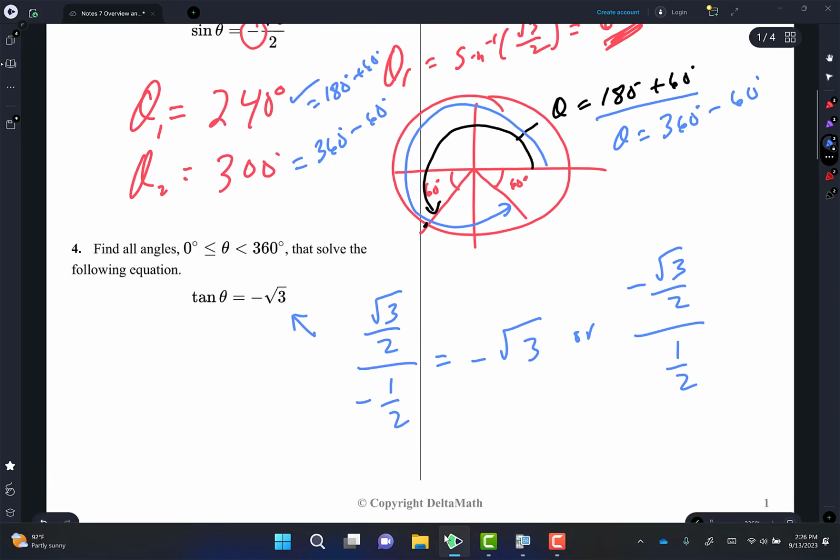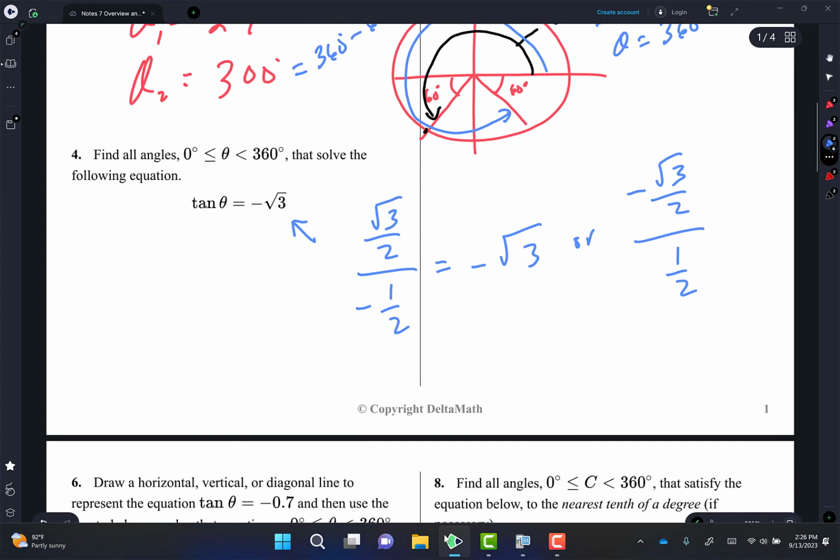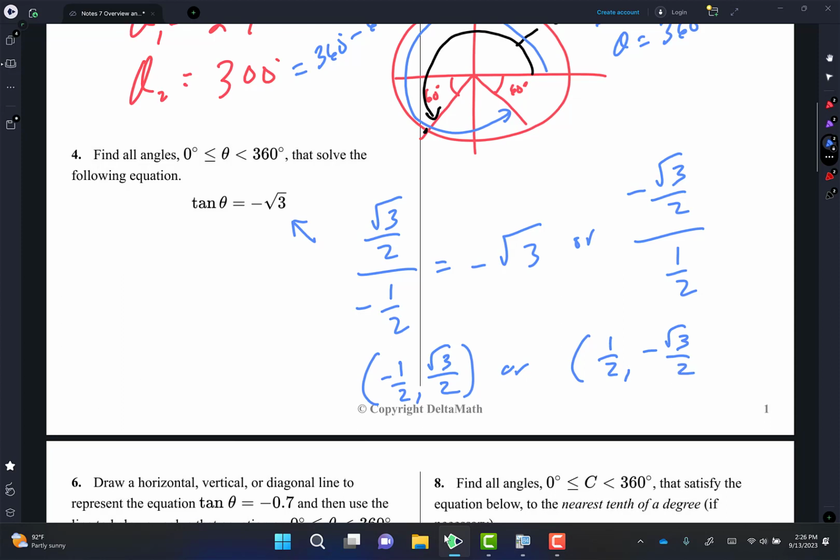So I need, what do I need? I need the x coordinate to be a negative half, and the y coordinate to be a square root of 3 over 2. Or I need the x coordinate to be a positive half, and the y coordinate to be a negative square root of 3 over 2. Do you know where those two coordinates happen? It's in quadrant 2 and in quadrant 4.